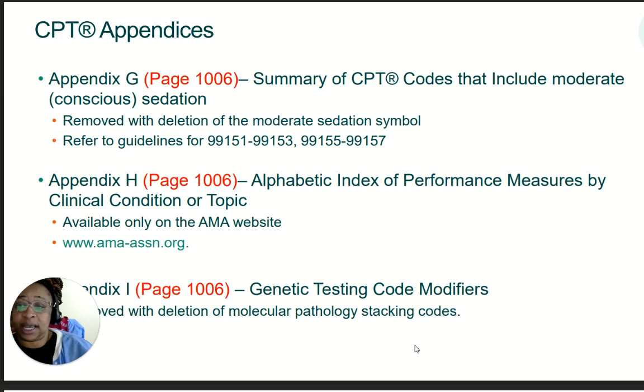Appendix H is the alphabetical index of performance measures by clinical condition or topic. You can also review this information on the AMA website. And Appendix I is for genetic testing code modifiers, also approved with deletions of the molecular pathology stacking codes.